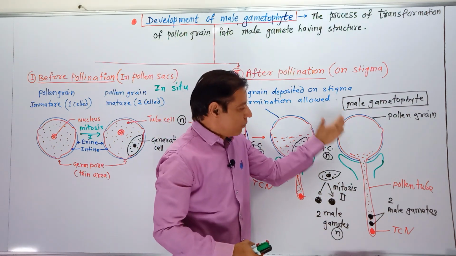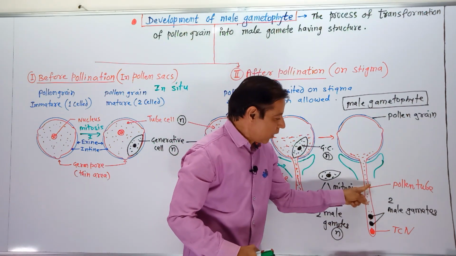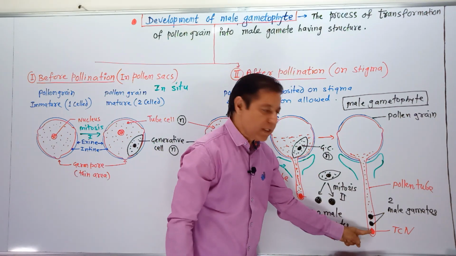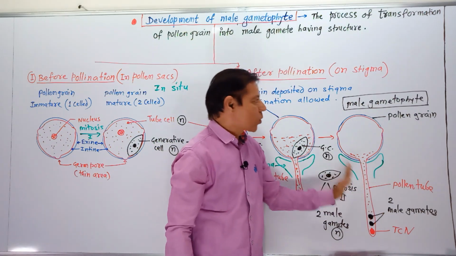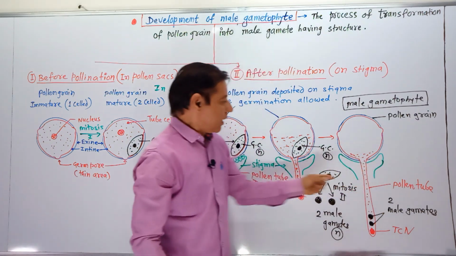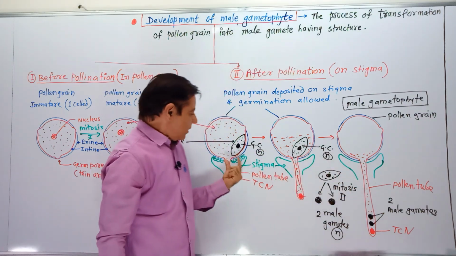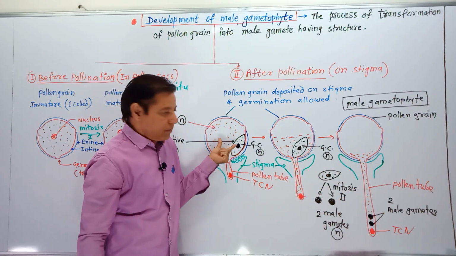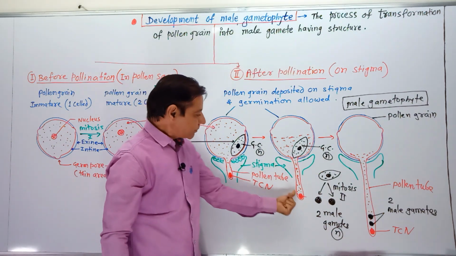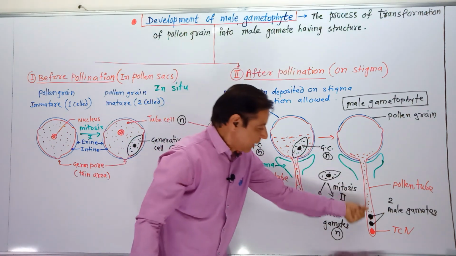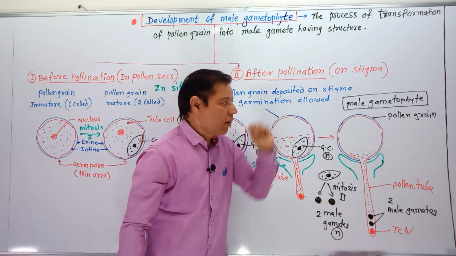A complete well-developed male gametophyte has a pollen grain, a pollen tube, a tube cell nucleus, along with two male gametes. The entire structure is called the male gametophyte. In this way, on the stigma, a two-celled pollen grain gradually forms a pollen tube, that is germination, its development, and here full development occurs, and we have a structure called the male gametophyte.